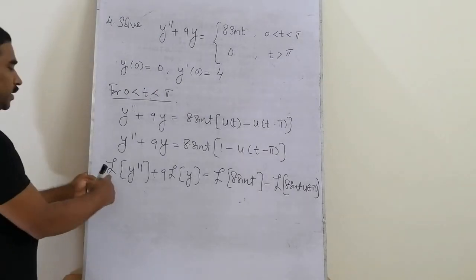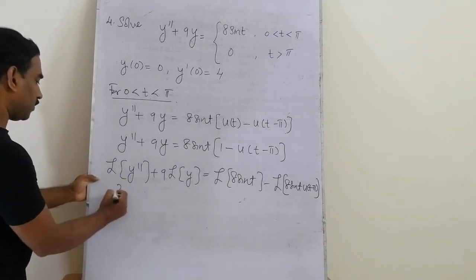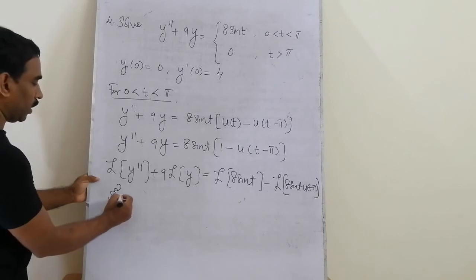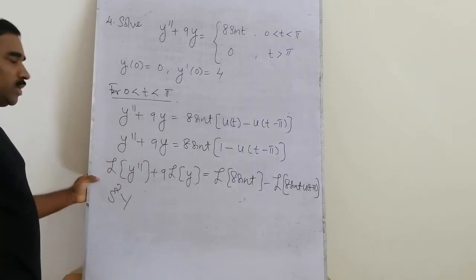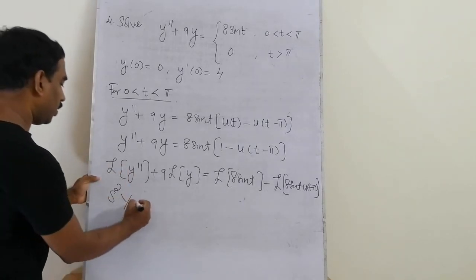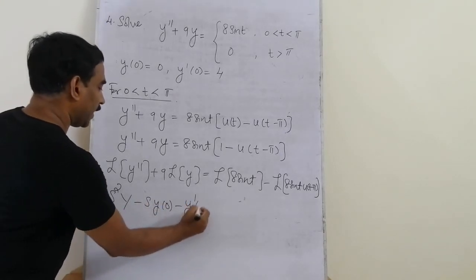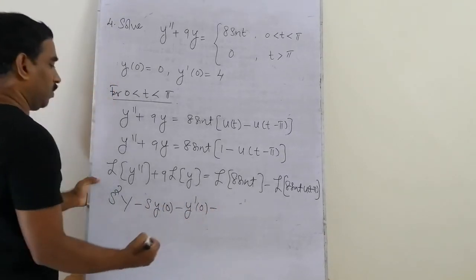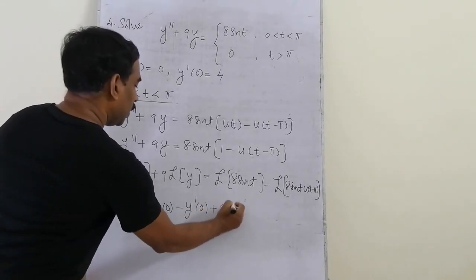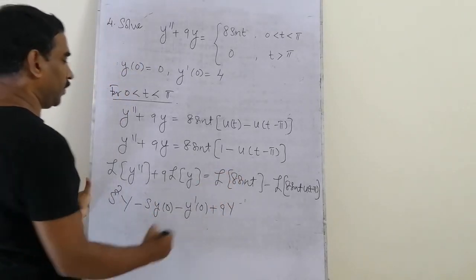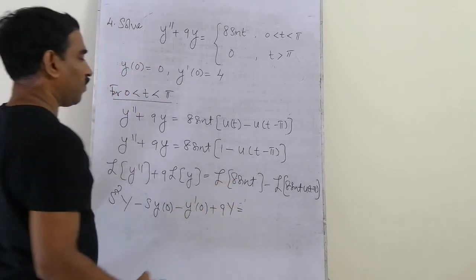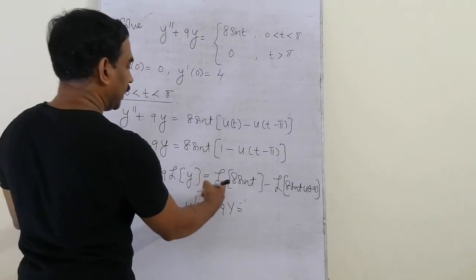So applying the standard result, what is L of y double dash? Y double dash is s square into L of y. Suppose the L of y term is capital Y. So s square into L of y minus s into y of 0 minus y dash of 0 plus 9 into L of y, 9y, is equal to transform of 8 sin t. What is transform of 8 sin t?